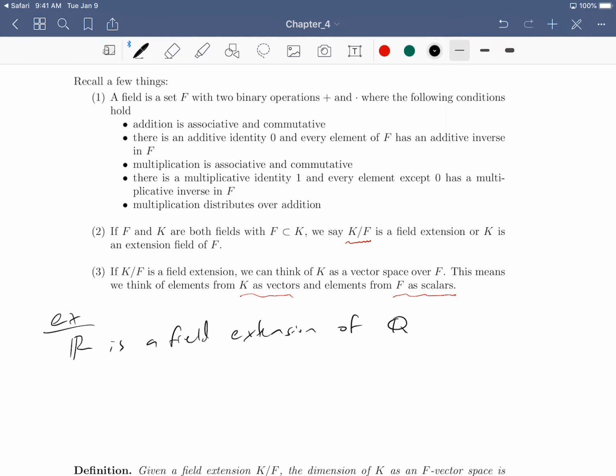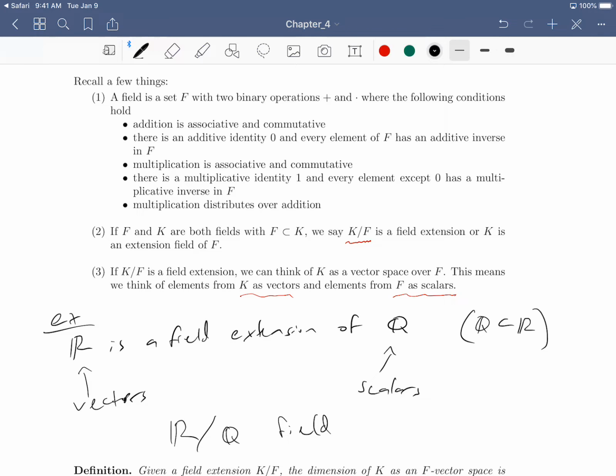So Q is a subset of R, and so R is a field extension of Q. When we thought of this as a vector space, we would think of the vectors as real numbers and the scalars as the rational numbers. So R over Q is a field extension, and also R is a Q vector space.